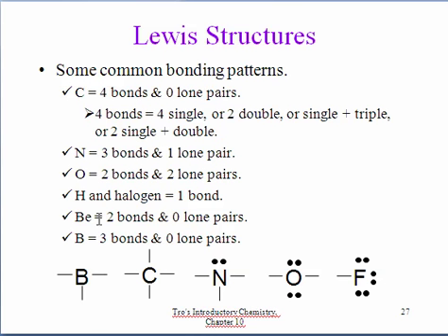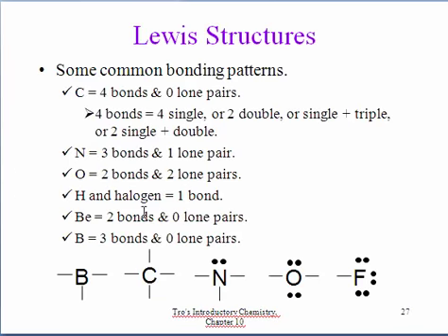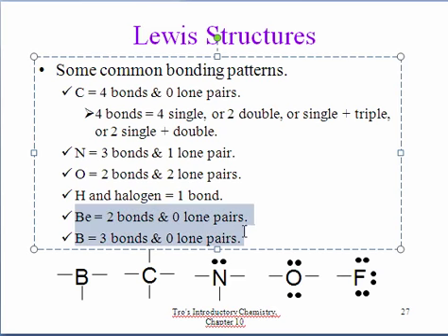And then beryllium, even though it is a metal, here it is right here, doesn't have as much metallic character as some of the other elements. Therefore, it does undergo bonding very similar to covalent bonding by sharing electrons. So beryllium will have 2 bonds and 0 lone pairs. Here we have some exceptions to the octet rule.